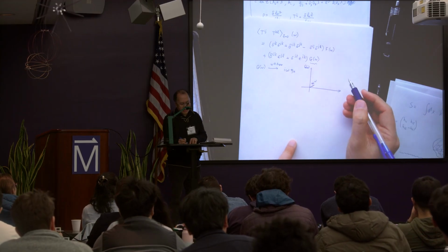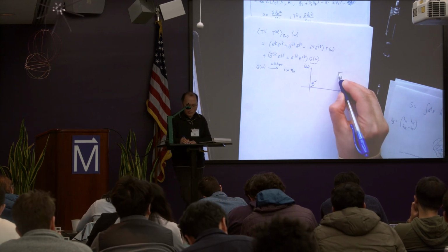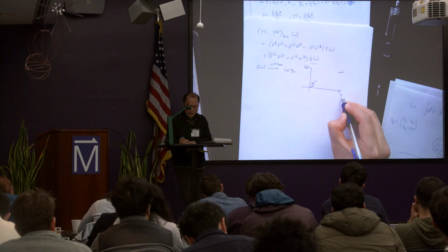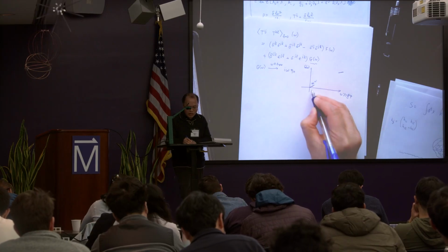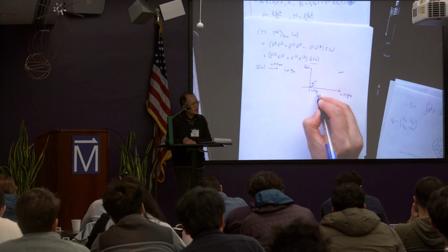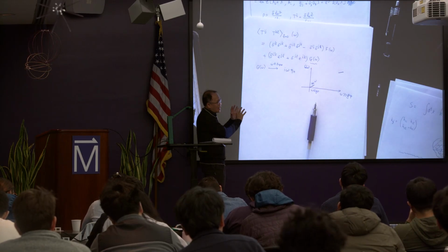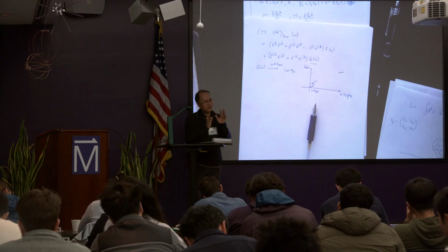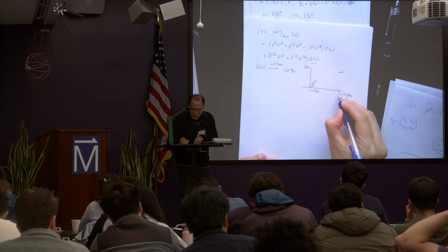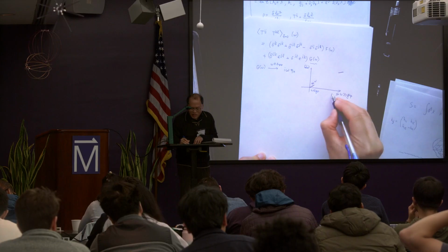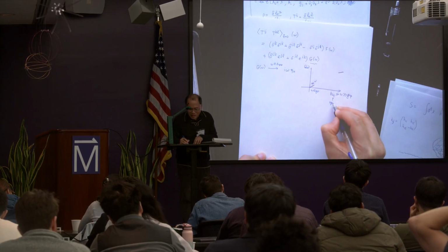And now I can actually ask about the behavior of this function at high frequency, where omega is much larger than the gap. So here omega is much less than the gap, and here omega is much larger than the gap, but still much smaller than h bar omega_c, the cyclotron frequency.